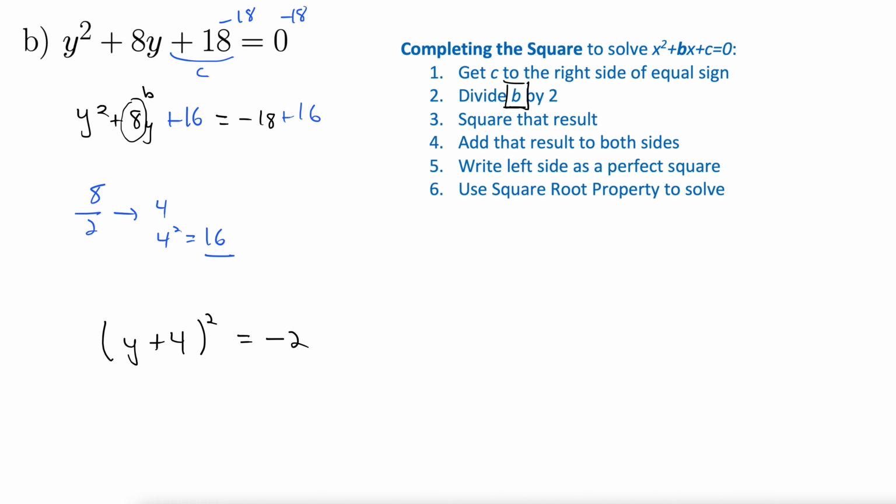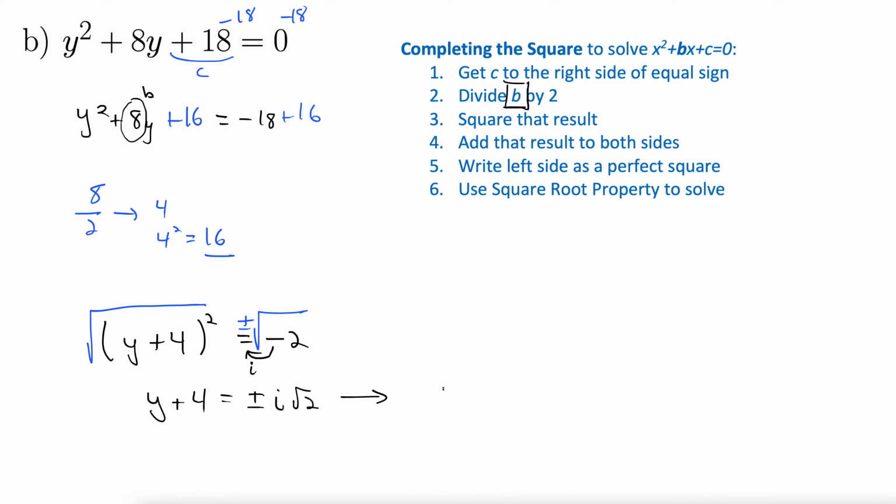On to step 6, use the square root property to solve. Square root of both sides, don't forget the plus or minus. This gives us y plus 4 equals plus or minus, I'm going to write this as i rad 2. We have a negative inside the square root, so we can think of that as coming out of the radical as an i.